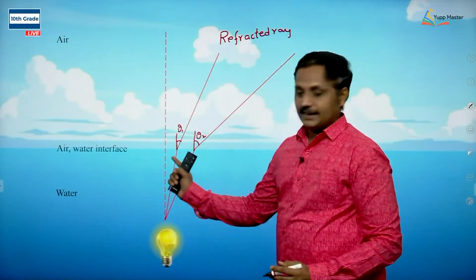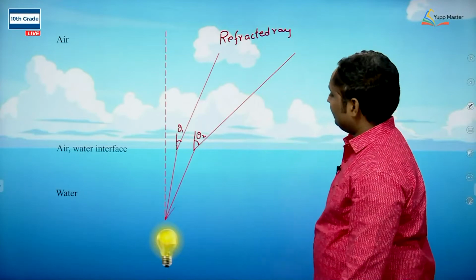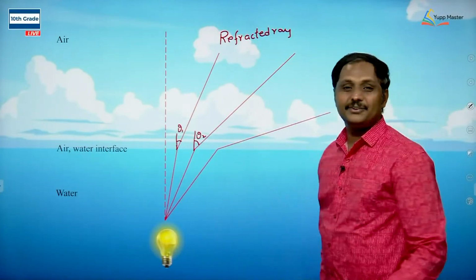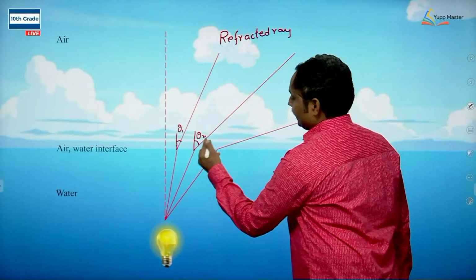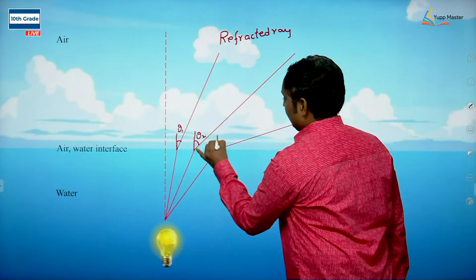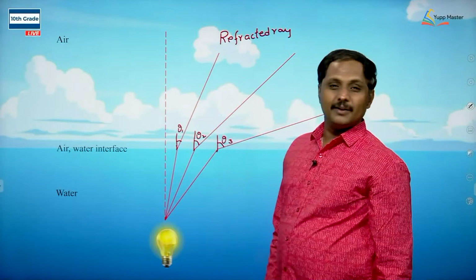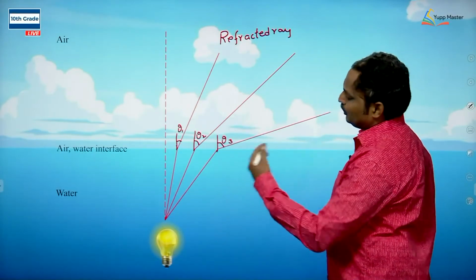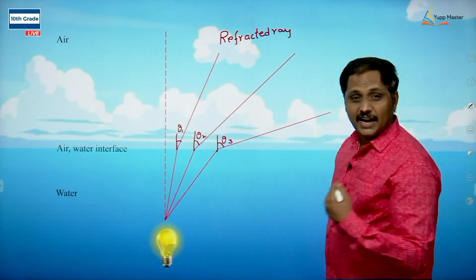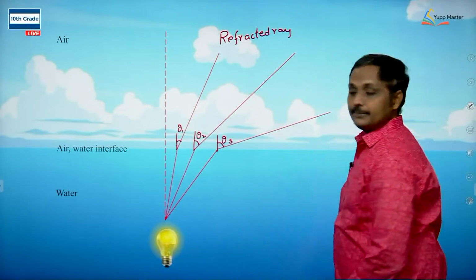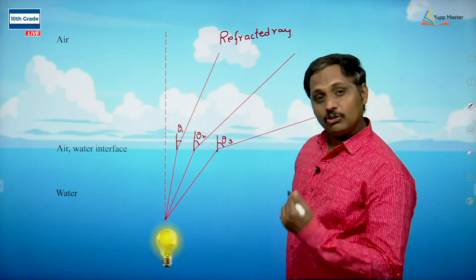If you increase the angle of incidence, what happens? Let us see. Again it has been increased from the first one with respect to the normal. Now I am going to change the angle of incidence. What happened? The angle of refraction also changes.